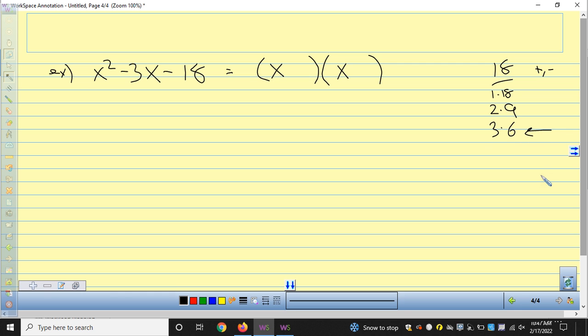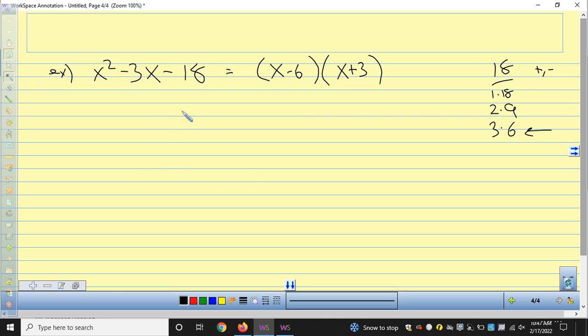So those are the ones that we want to use. And I need the 6 to be negative and the 3 to be positive for me to be able to add and get negative 3. A lot of teachers call this one the guess and check method. I don't like to call it that because we're thinking about how the numbers have to work. That's not guessing, that's thinking about numbers.